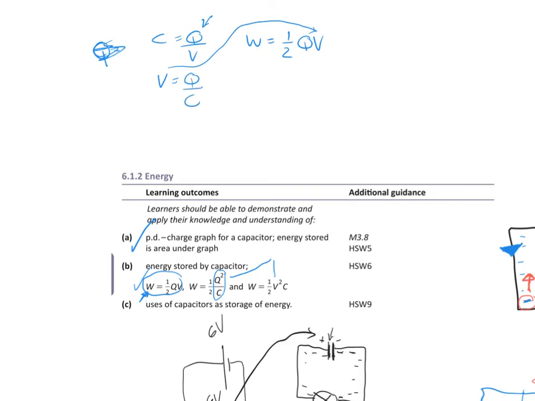Once again, I'm simply rearranging this to make V the subject, so I can substitute it in there and get rid of the V as a letter present in my equation overall.